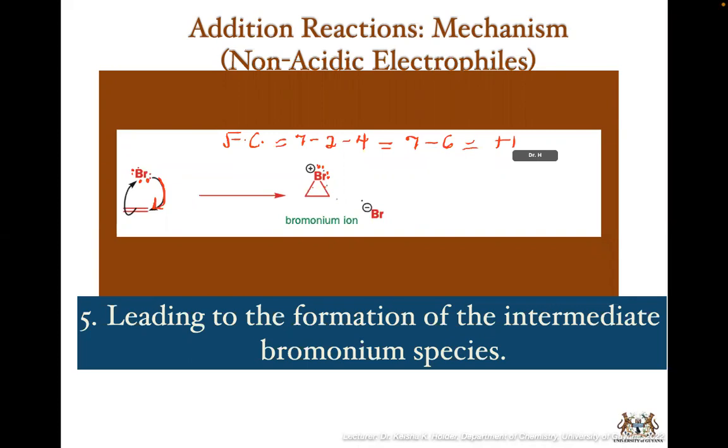And so that's the reason why the bromine has a formal charge of +1 in this species here. Of course, the bromide that would have left is there hanging around as an anion, and that would then bring charge balance to the intermediate species. And so everything would be neutral.